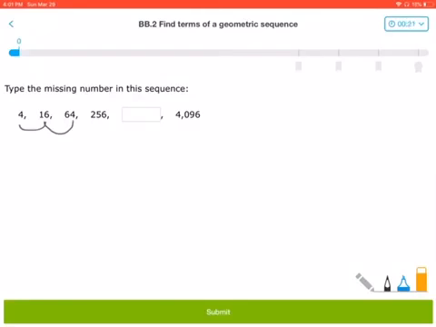So what you've got to know about geometric sequences is that there is a common ratio. Once you figure out what it is, it's the number that's getting multiplied by the 4 to give you 16. And then that same number gets multiplied by 16 to give you 64.